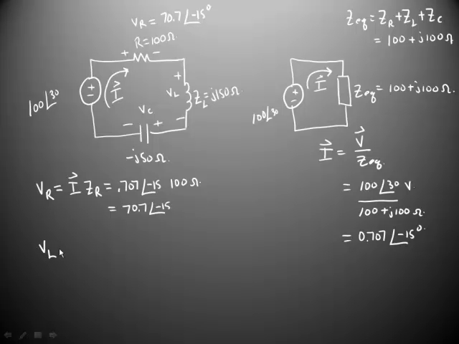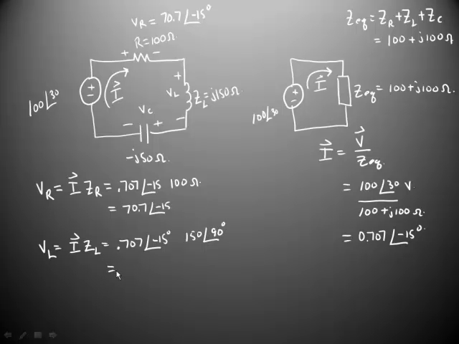The voltage across the inductor in a similar fashion, I phasor times Z sub L, 0.707 at minus 15 degrees, times the impedance of the inductor, which we said was J150 ohms. If we convert that over into a polar form complex number, that's 150 at angle plus 90 degrees.